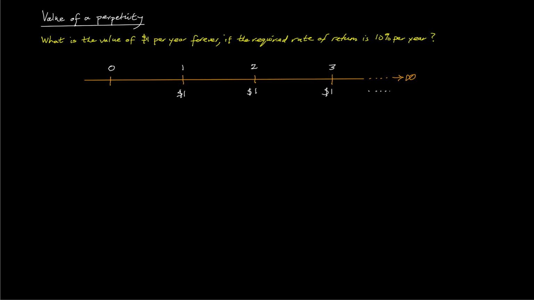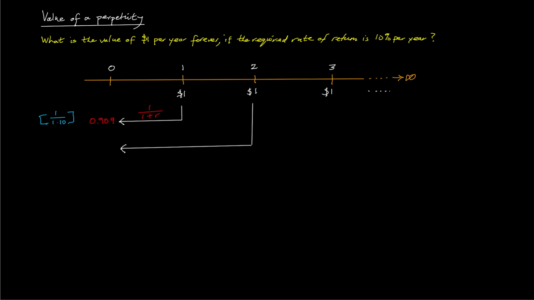The first one, 1 year from now, has a present value of $1 divided by 1 plus the required rate, which in this case is 10%, for a present value of 90.9 cents. In 2 years' time, we receive the second dollar in the perpetual stream.